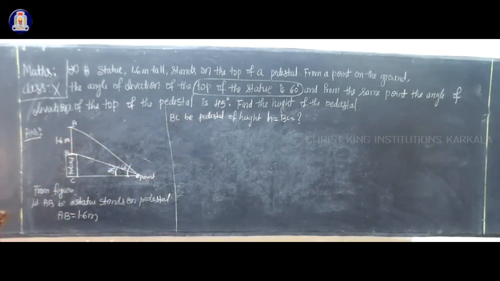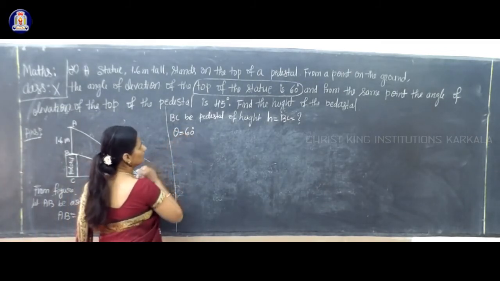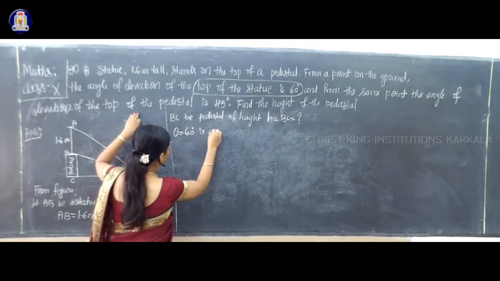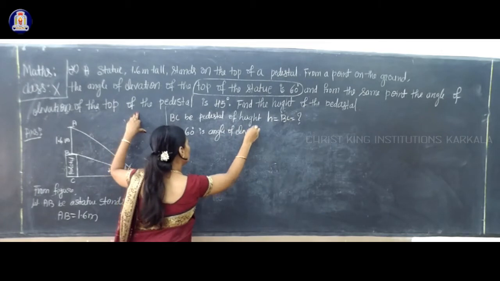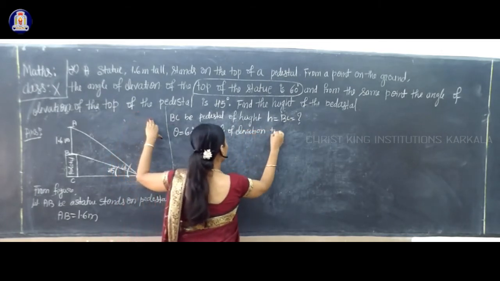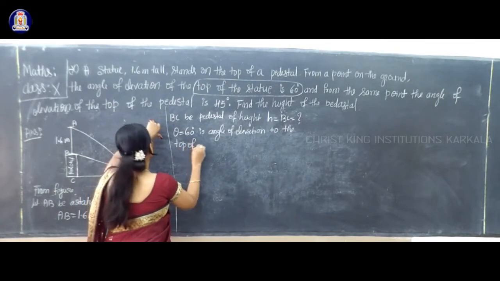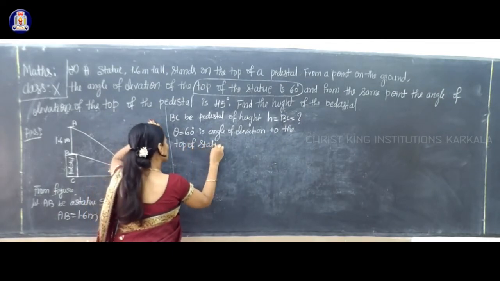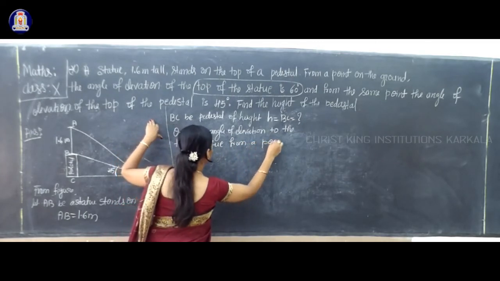And next, what is that? Theta 60 degree and theta 45 degree. So theta is equal to 60 degree is the angle of elevation to the top of the statue from a point.